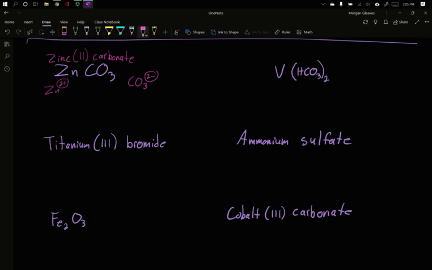If we jump over here to our vanadium containing molecule on the top right, V is vanadium. HCO3 is a bicarbonate. HCO3 is a 1-. It's basically carbonate with an H plus attached.